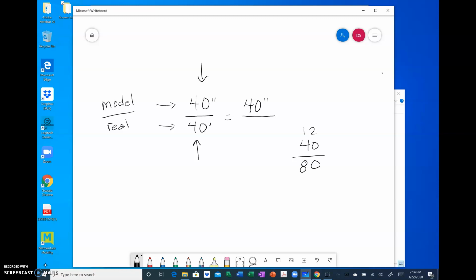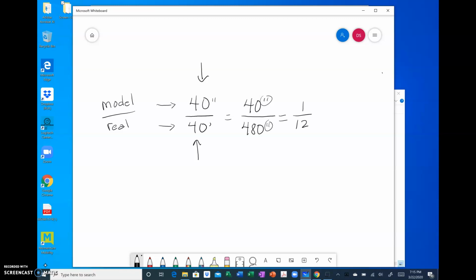And we should end up with 480 inches, and that can be reduced to 1 to 12. All right. Interestingly, because these are the same, they're both inches, you don't have to write them. And they showed you that on page 431. You can have a scale without units as long as the units are the same. And you can see that worked out in example 3.